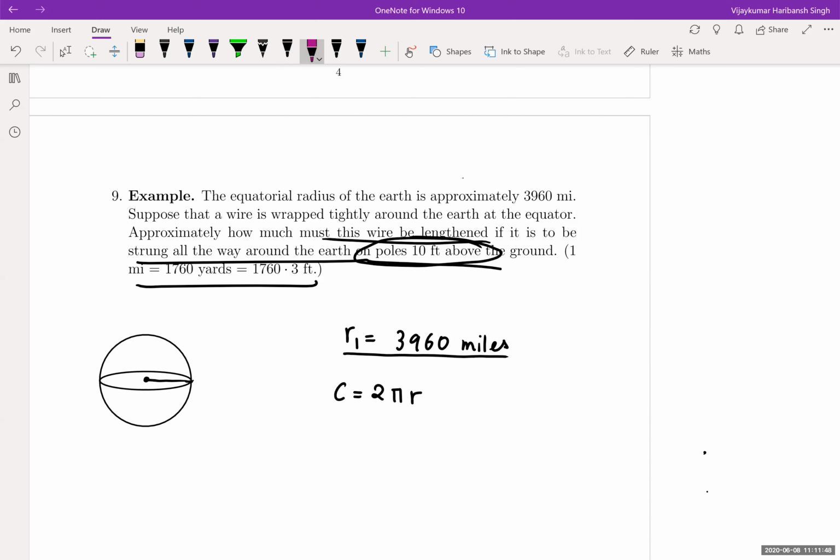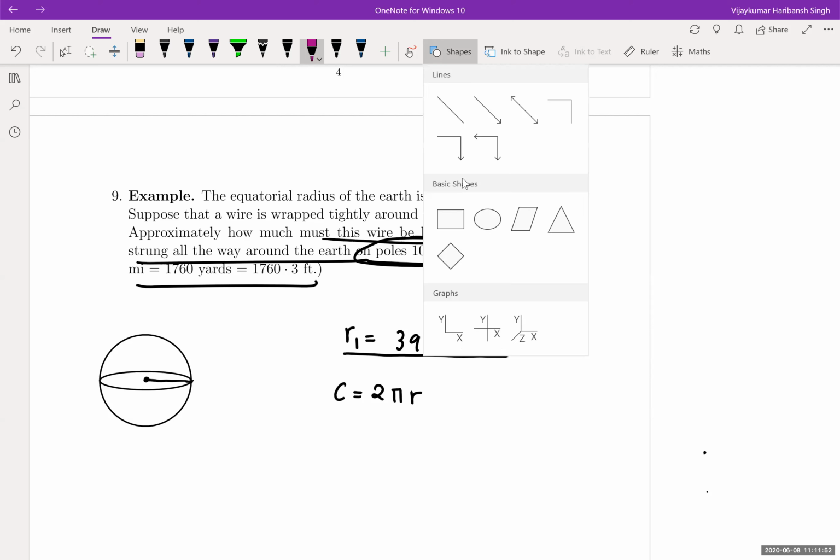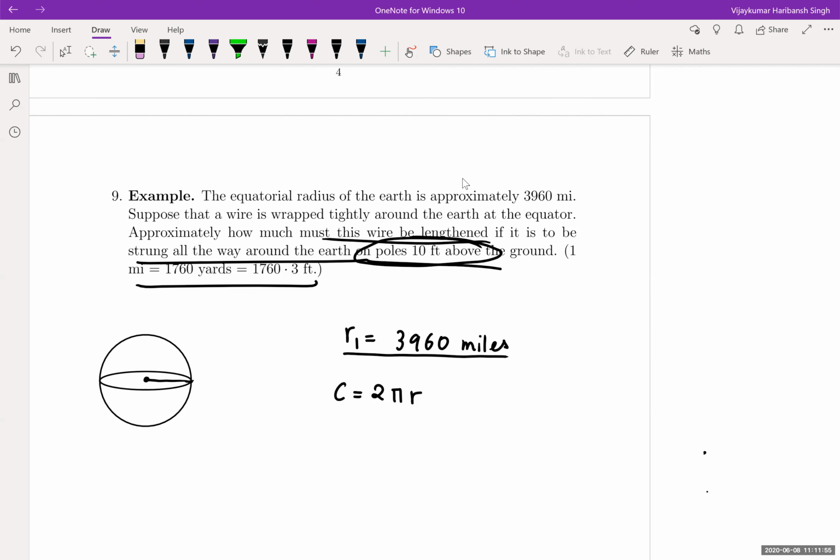I know this is not representative of 10, but this is just a rough sketch. Do not scale this, right? So now you are putting a 10 feet pole.